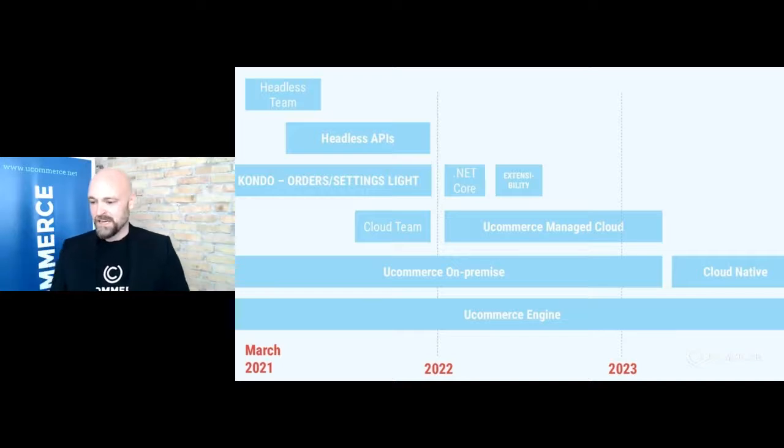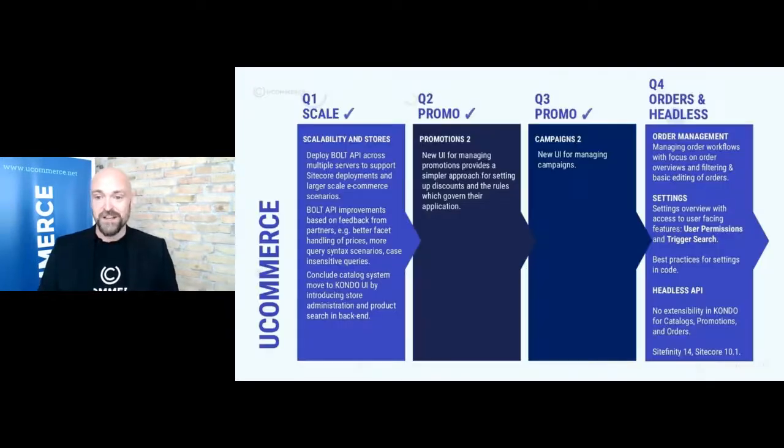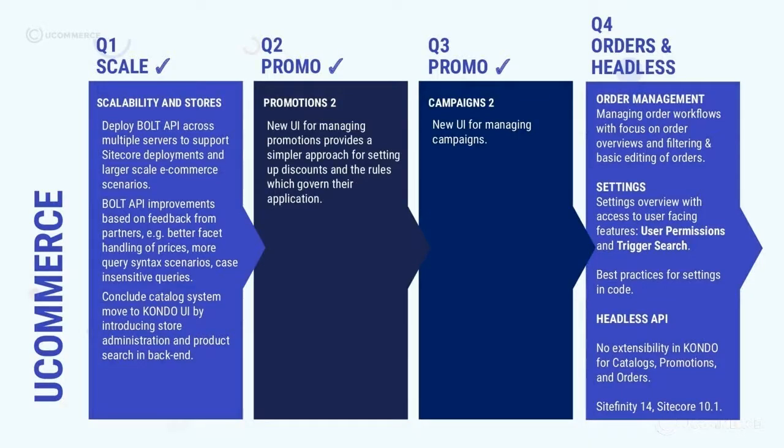Gorast has a question about the roadmap. He's asking about Sitefinity, and you know what? Great question. You can tell here that we have new versions of CMS support slated for this quarter. In fact, Sitefinity 14, which is due out, I think today, maybe something like that.